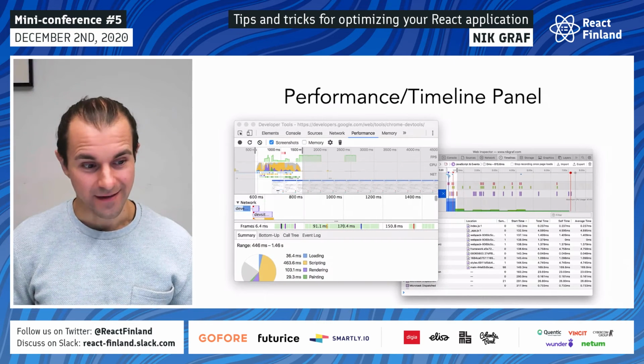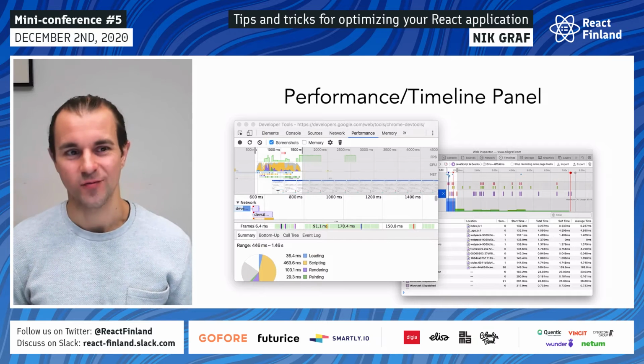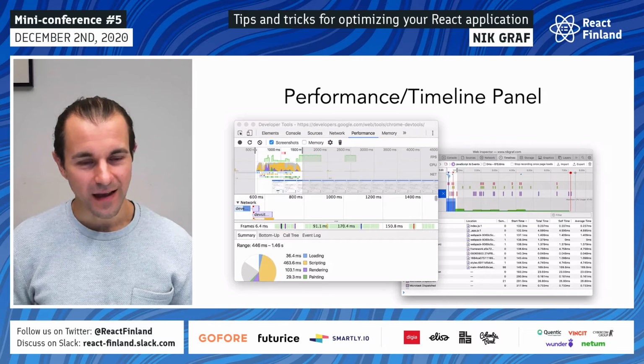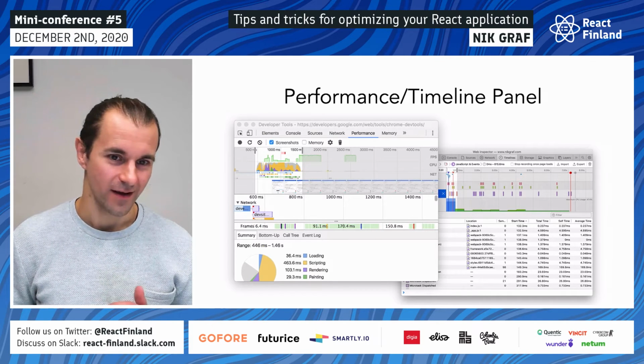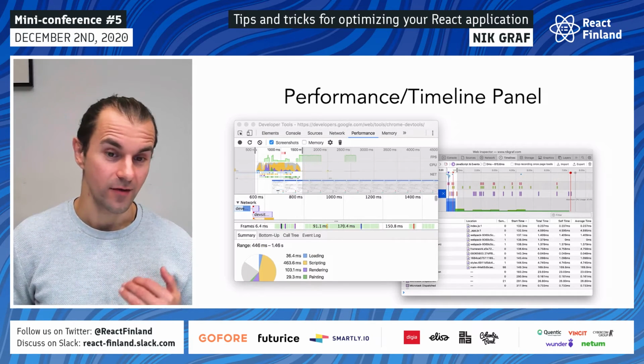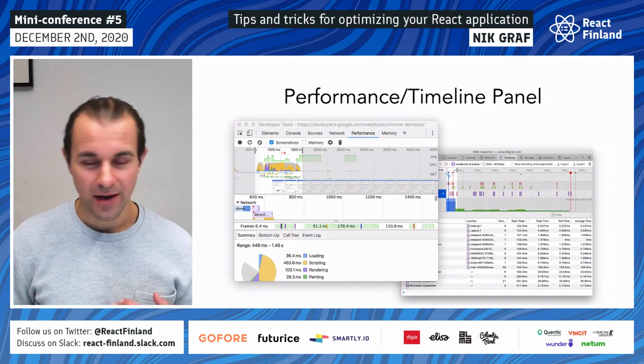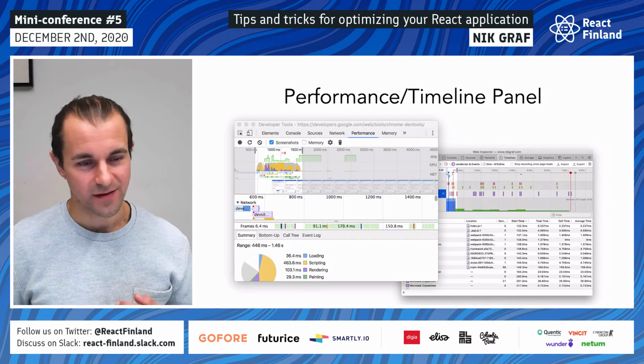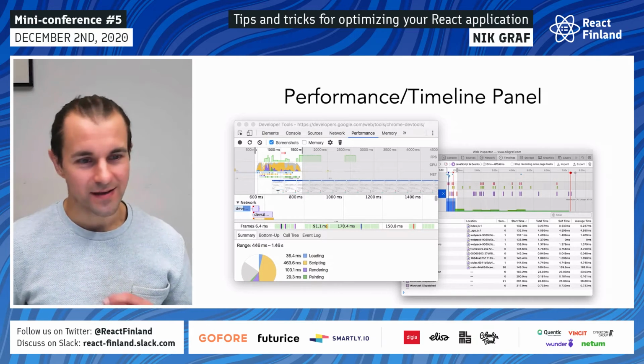What we already saw are these fantastic tools, the performance and timeline panel, and I really like them. You have them in Safari, and you can do remote debugging. It's sometimes very clunky to set up, and it can also affect the performance of the device, and so on and so forth.